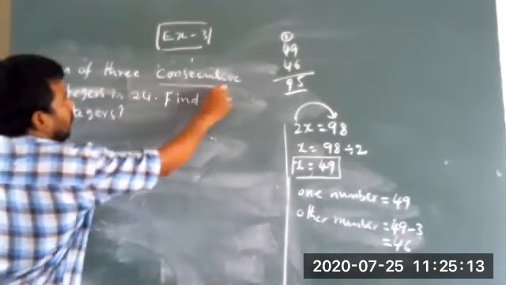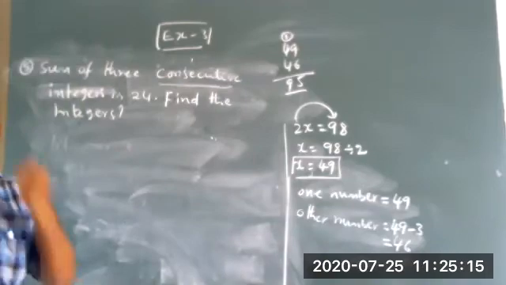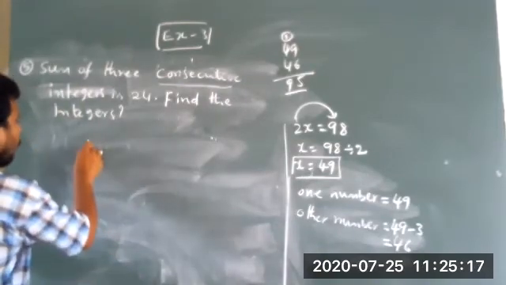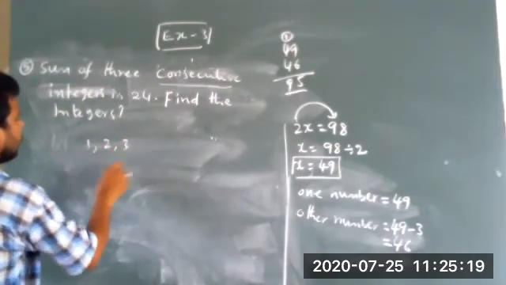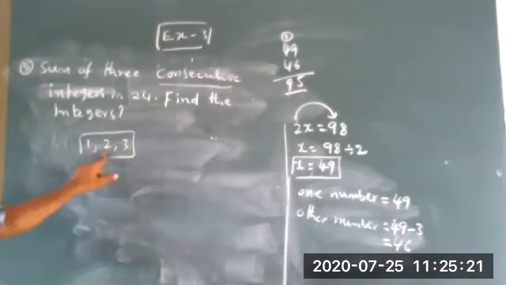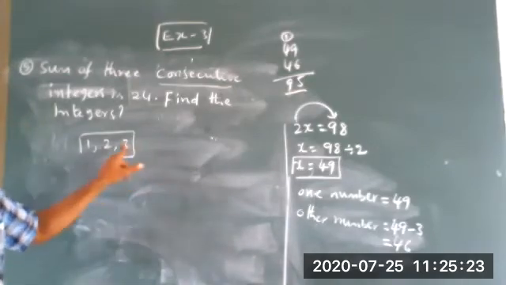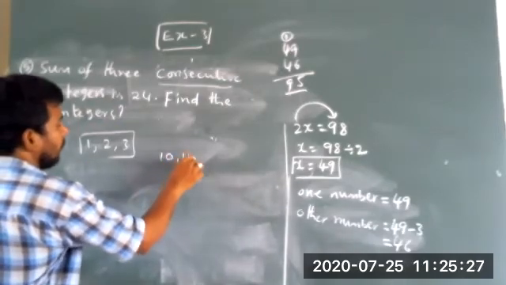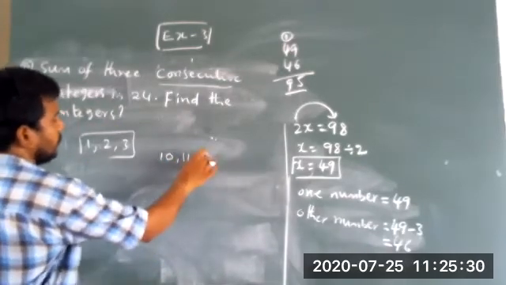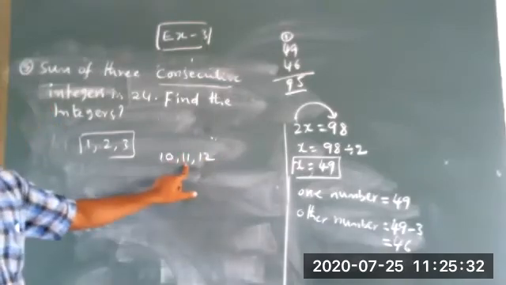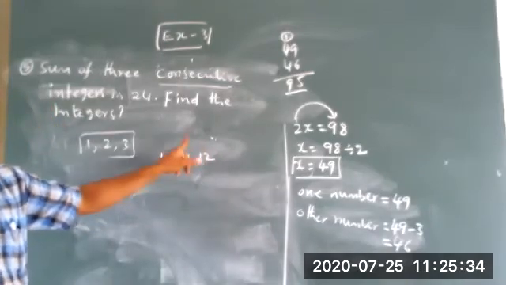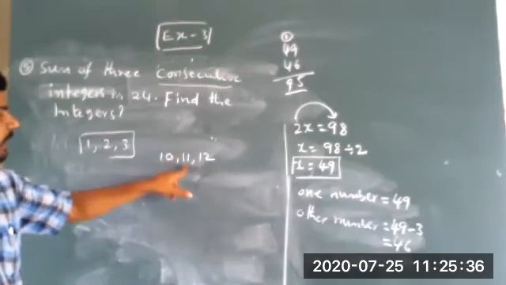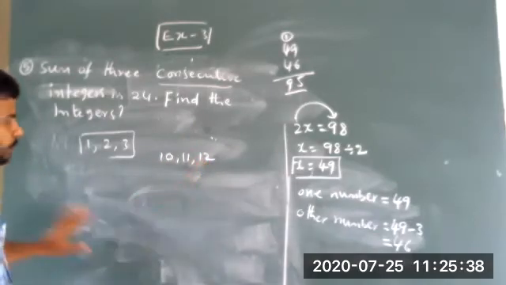So first, what are consecutive integers? Consecutive: see here, 1, 2, 3, 4, 5. These are consecutive integers. For example, 10, 11, 12. 10, then 11, then 12, no skipping in the middle. These are consecutive.